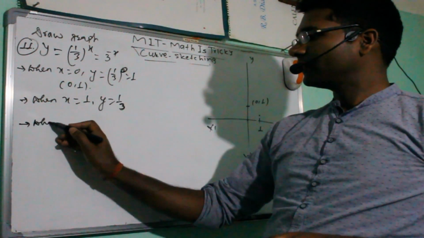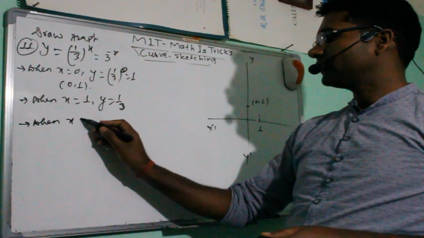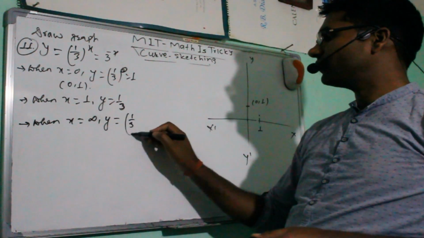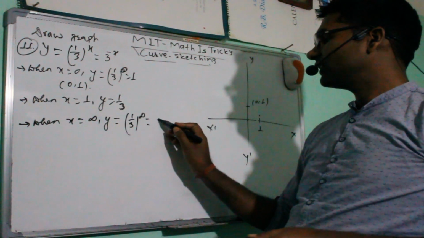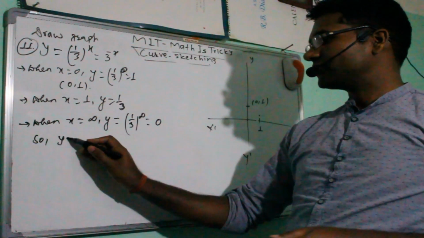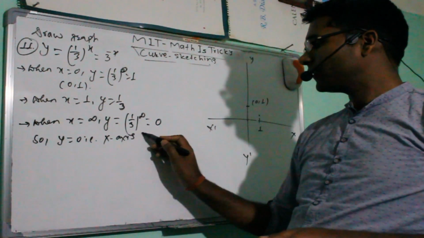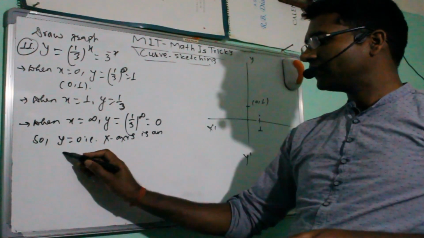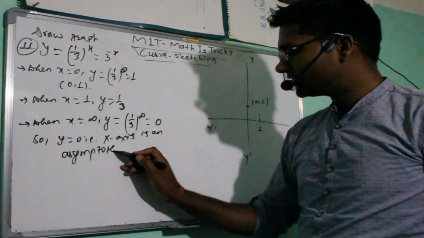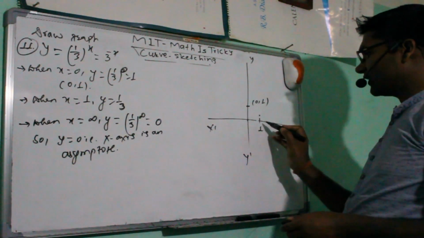When x equals infinity, y will be 1 by 3 power infinity, which means 0. So we can say that y equals 0, that is, x-axis is an asymptote, isn't it? It is decreasing, so it will be moving now.